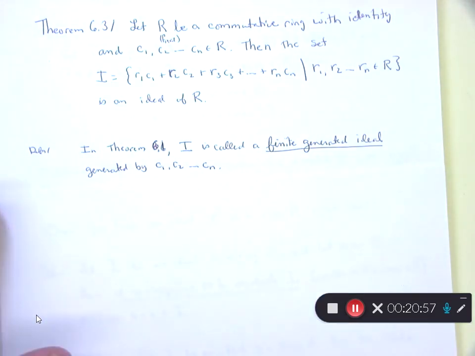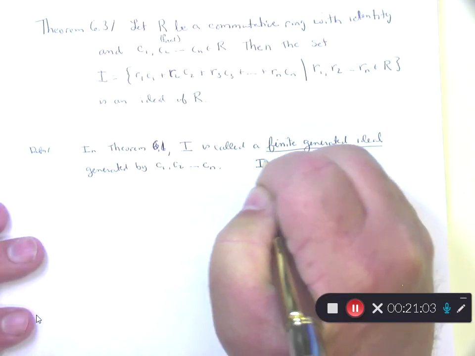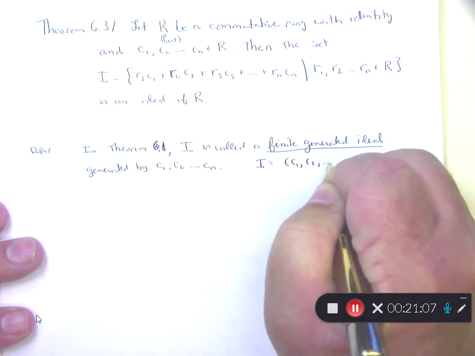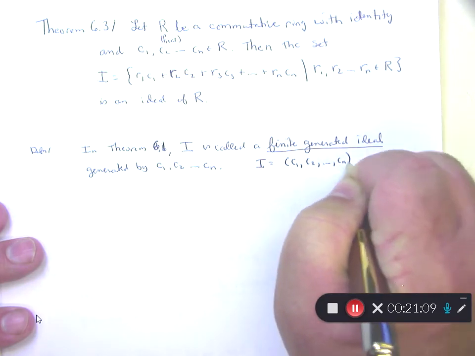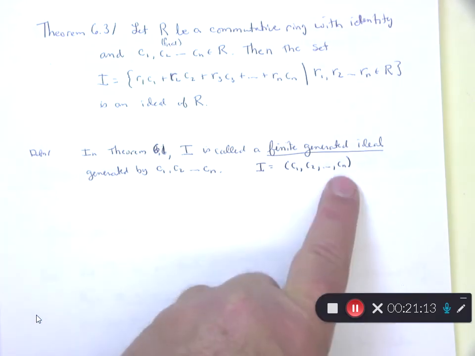I is called a finitely generated ideal generated by c1, c2, dot, dot, dot. And the little symbol for that is I equals (c1, c2, ..., cn) with little round brackets around it. That's called a finitely generated ideal. So there's a finite number of fixed elements that you're generating the ideal out of.